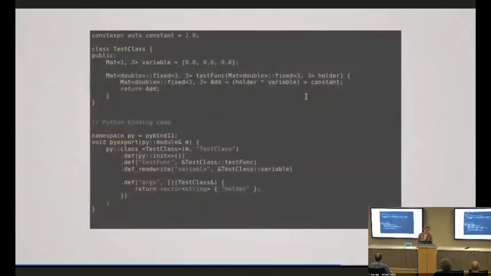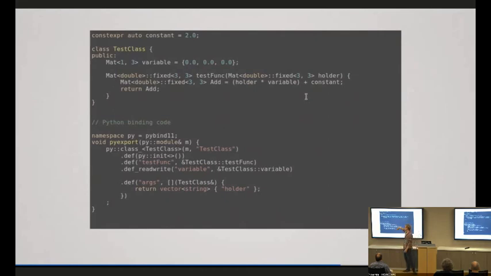So this is, from the example I just showed, the code that's generated. What we see up here is the constant that we've added. And then this is the class in C++, and the variable as a class member, which is defined with some initial value. And the function down here, which is Armadillo C++ code.